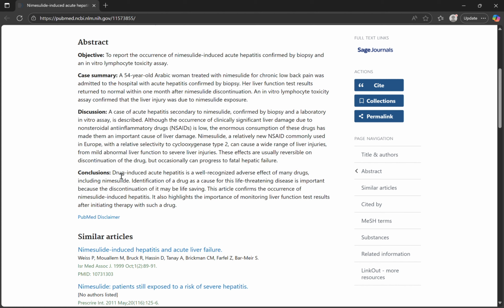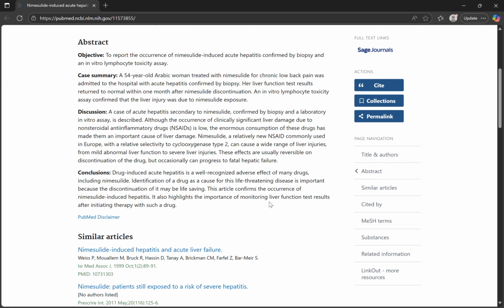Again, the conclusion says drug-induced acute hepatitis is a well recognized adverse effect of many drugs, including nimesulide. Identification of a drug as a cause for life threatening disease is important because discontinuation of it may be life saving. This article confirms the occurrence of nimesulide-induced hepatitis.